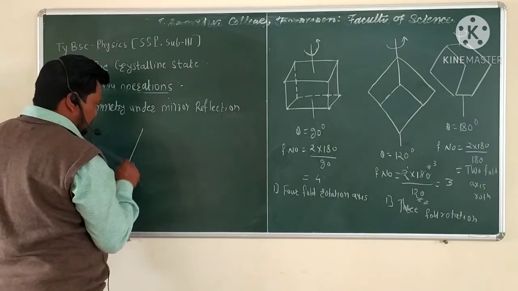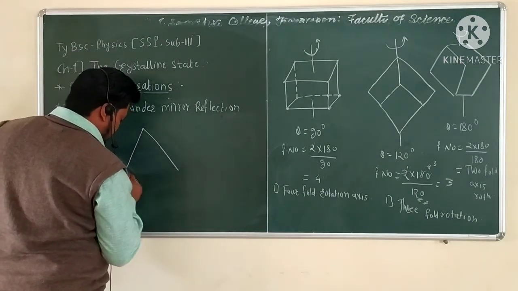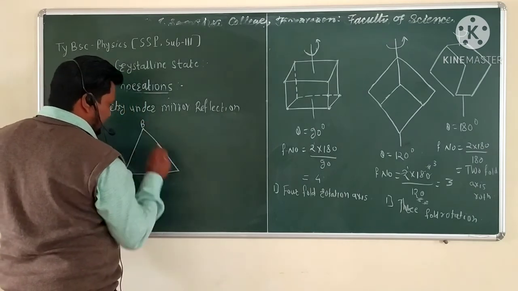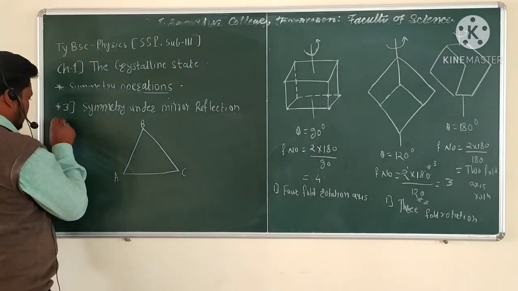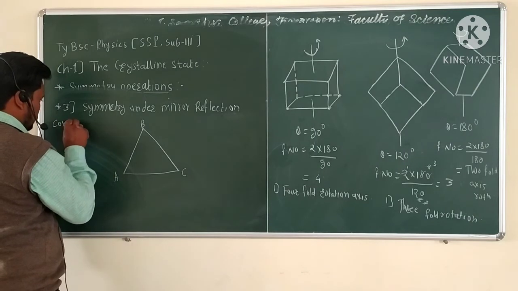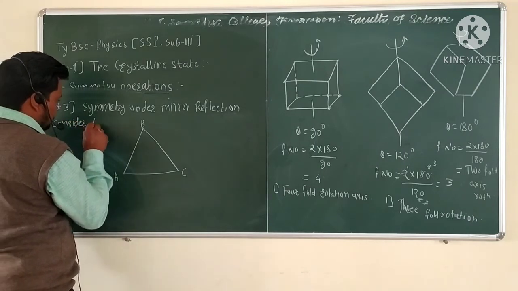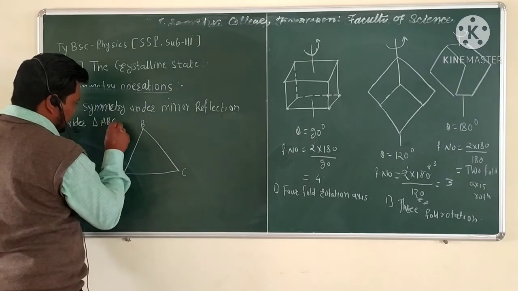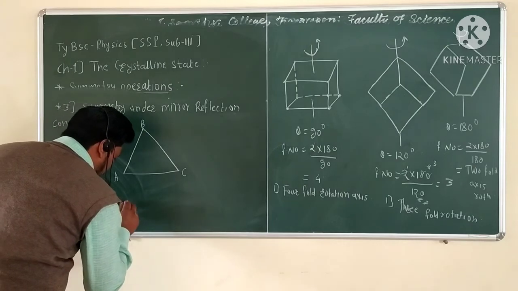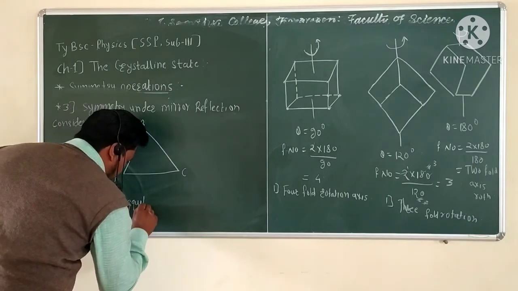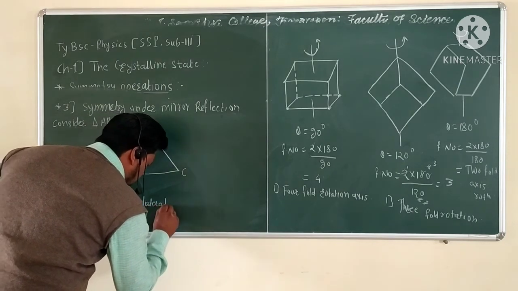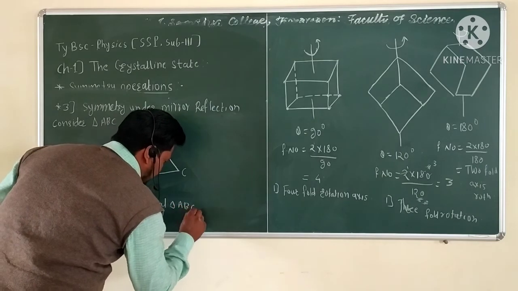Consider as the equilateral triangle, that triangle which is say triangle ABC. Consider triangle ABC, and this figure which is given by the equilateral triangle ABC.